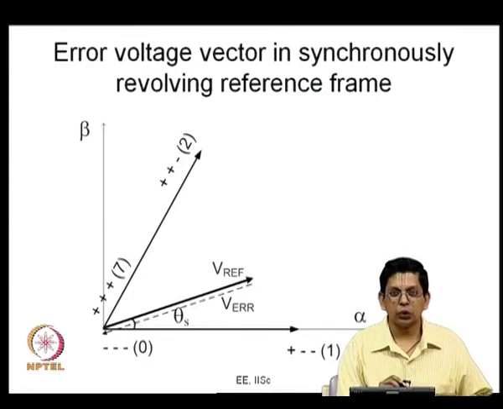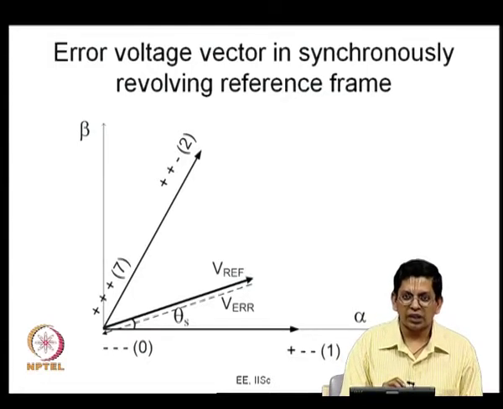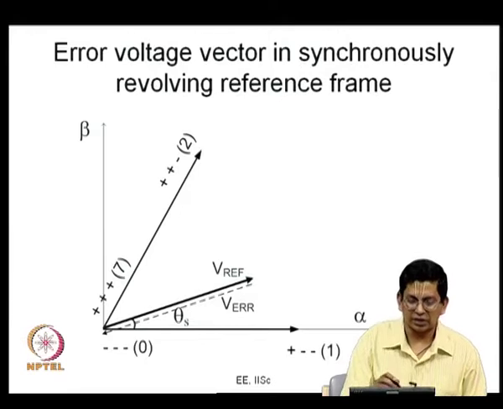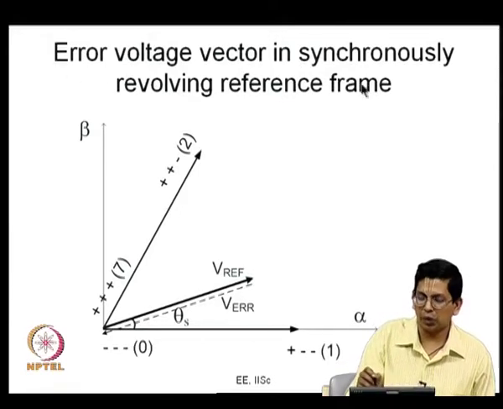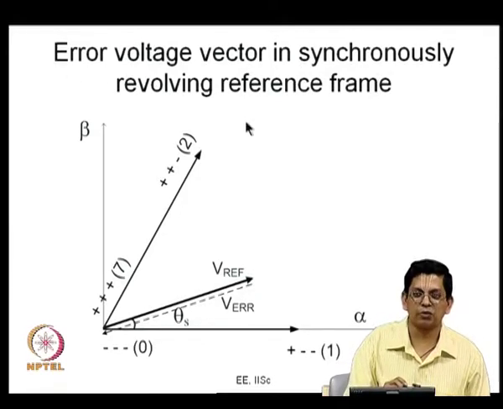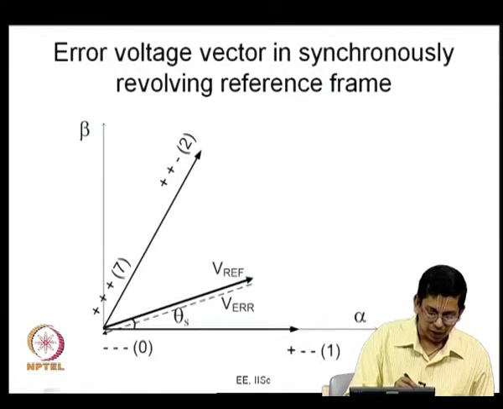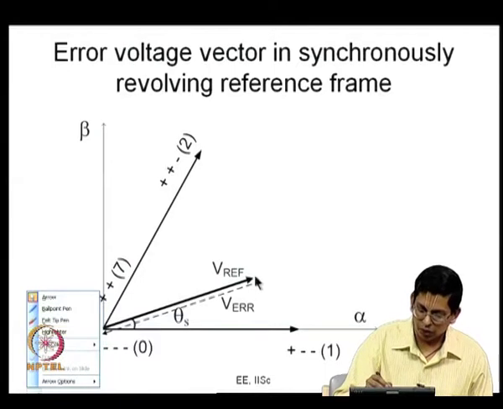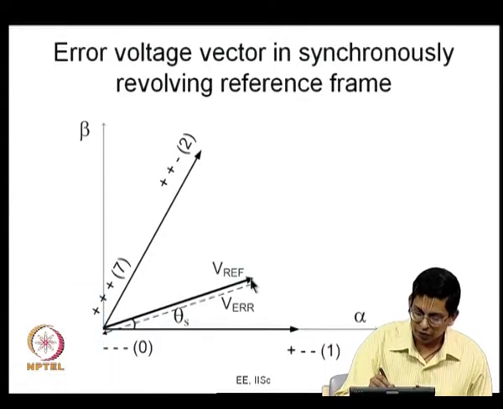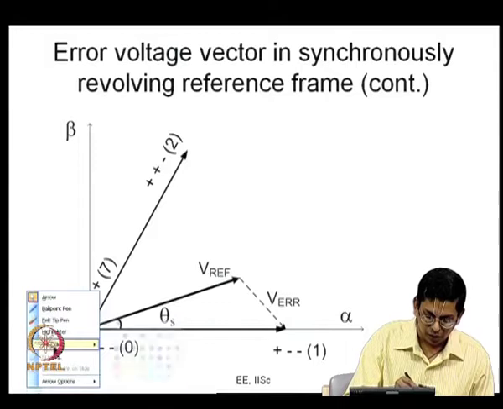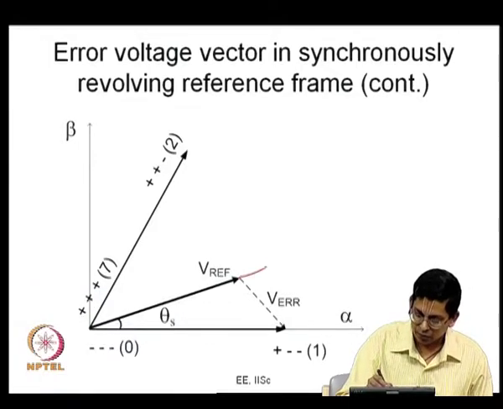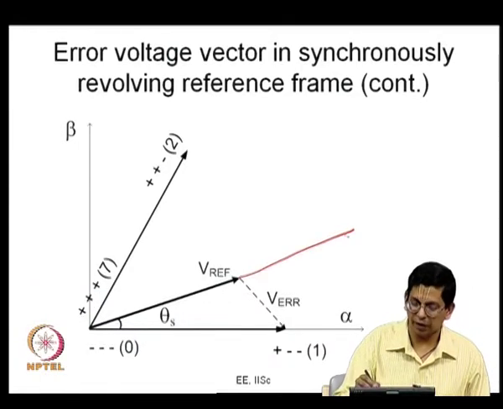Now I am going to do the analysis of the same error voltage vector, but I am going to try and resolve it in the synchronously revolving reference frame. So, what I can first do is take this reference vector that I have here as one of the coordinate axes, one of the revolving axes.